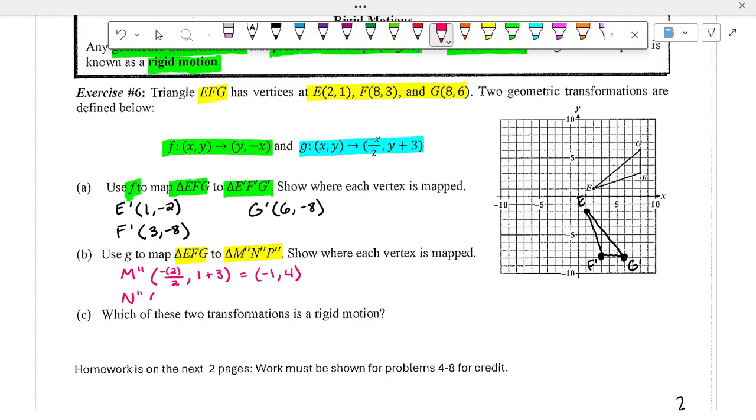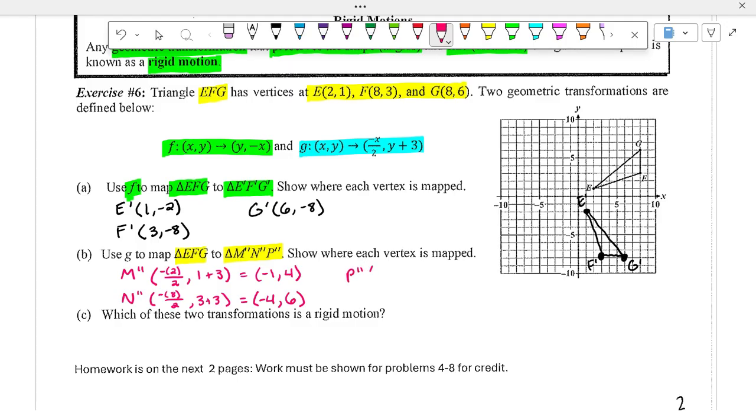N double prime. For N double prime, we're going to do the same thing. We're plugging in F now. So -8 divided by 2, and then 3 plus 3. What's -8 divided by 2? -4. 3 plus 3? 6.